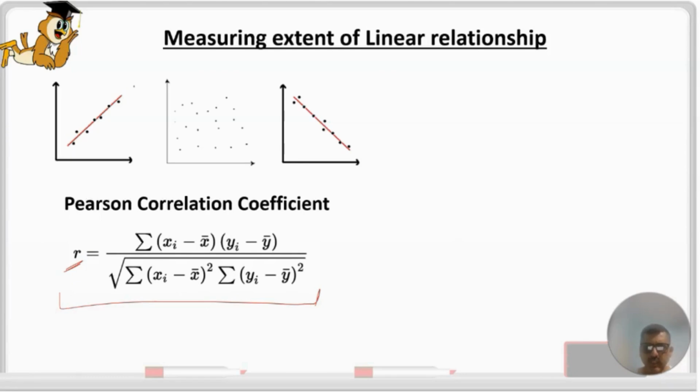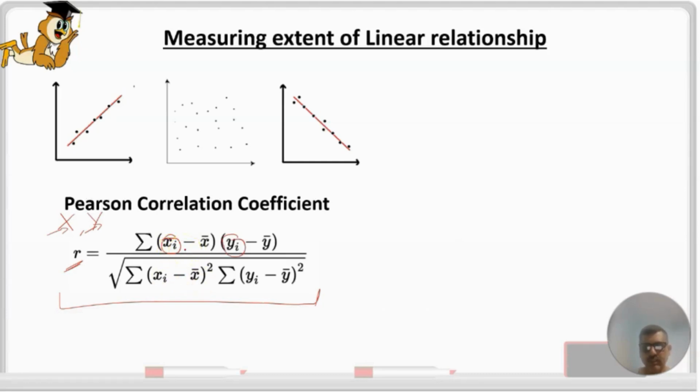This measures the linear correlation between two data sets, let's say data set X and data set Y. Xi are the elements of the data set X, and Yi are the corresponding elements of data set Y. If we say that we have m points in our training data, i would go from 1 to m.